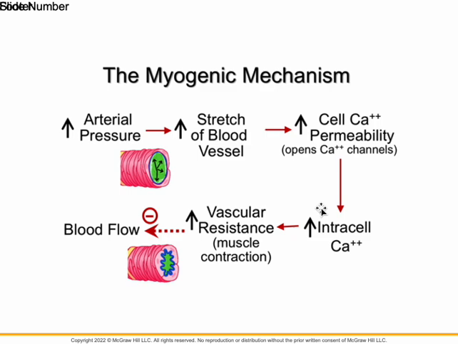It activates the signaling cascade for smooth muscle contraction, so something called myosin light chain kinase, and this stimulates smooth muscle contraction, right? So increased pressure, increased stretch of the vessel because there's an increased amount of blood, increased calcium influx into the cell, so increased intracellular calcium, increased muscle contraction, and a reduction in blood flow, right?